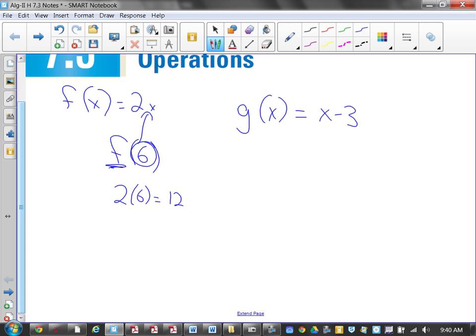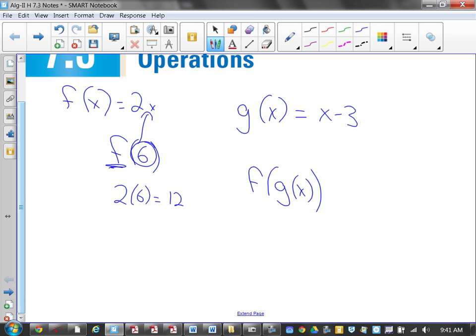The twist upon it that we're going to do today is what's called composite functions. We're going to mix them together. What is f of g of x? Would that be x minus 3? Well, here's what happens. When you work with something like this as a composite function, you look at it as your innermost parenthesis, working your way out.